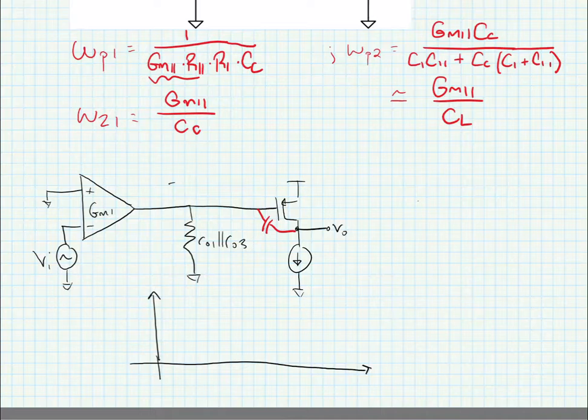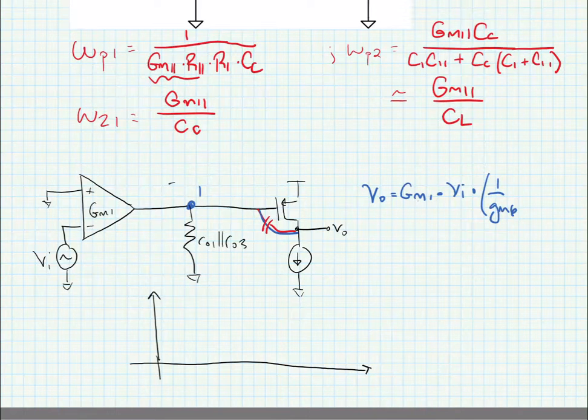So at midband frequencies, we're going to short the compensation capacitor, and now we can calculate our output voltage. V out is equal to GM1 times Vn times the impedance that we see at the internal node, node I. This is 1 over GM6 due to the diode connection, in parallel with RO1 and in parallel with RO3.